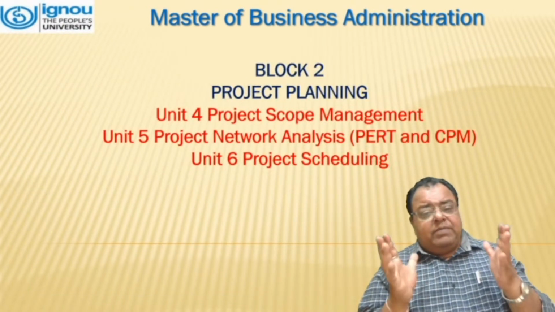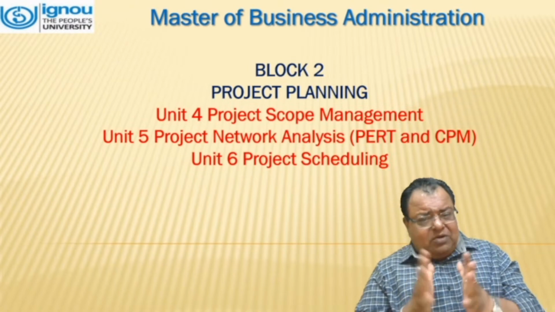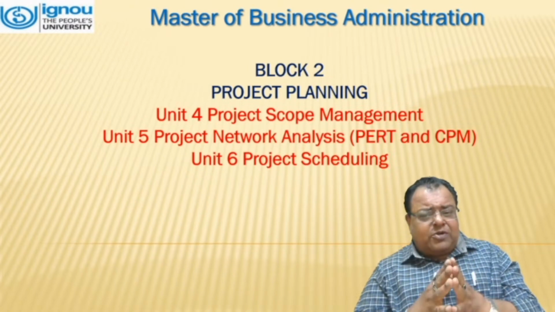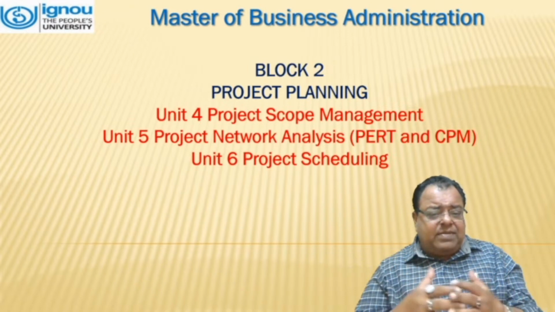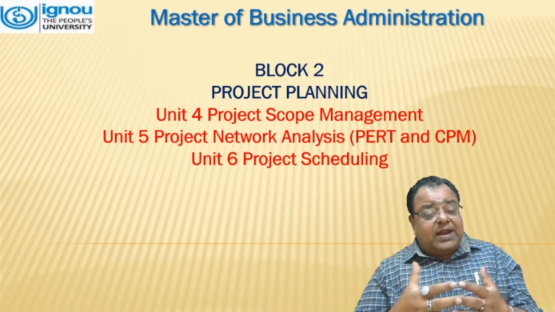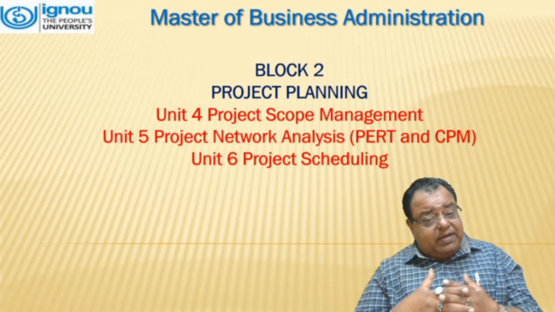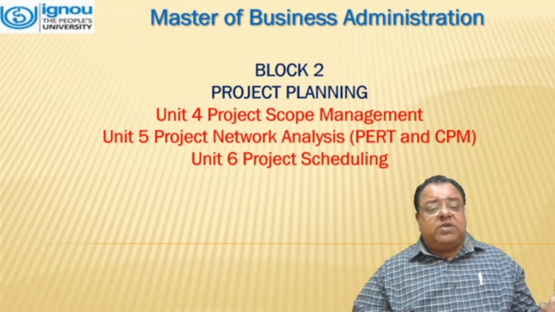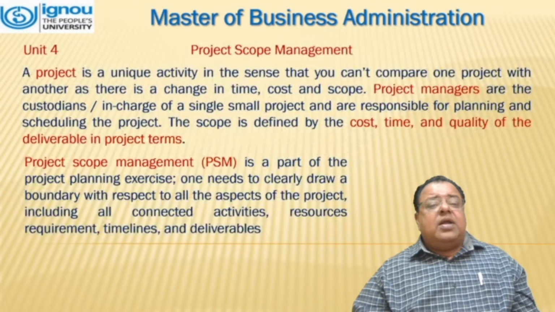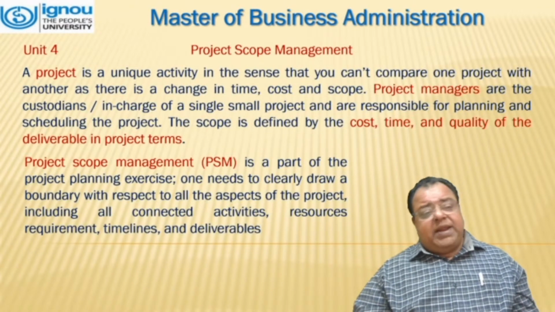Now we move to Block two, which is related to project planning, and it has three units: project scope management, project network analysis, which includes PERT and CPM, and then project scheduling. So we will be starting with Unit four, which is related to project scope management.